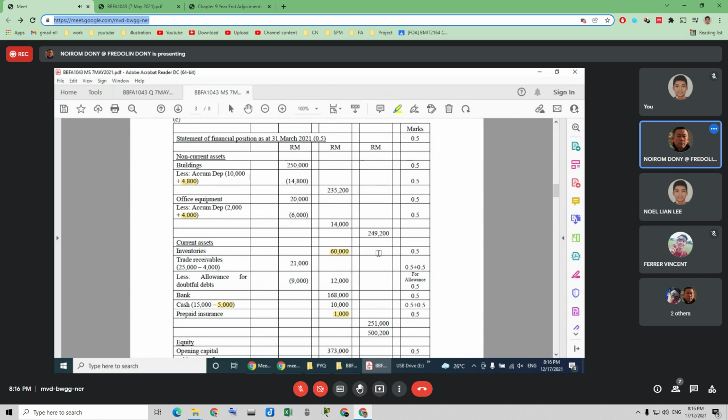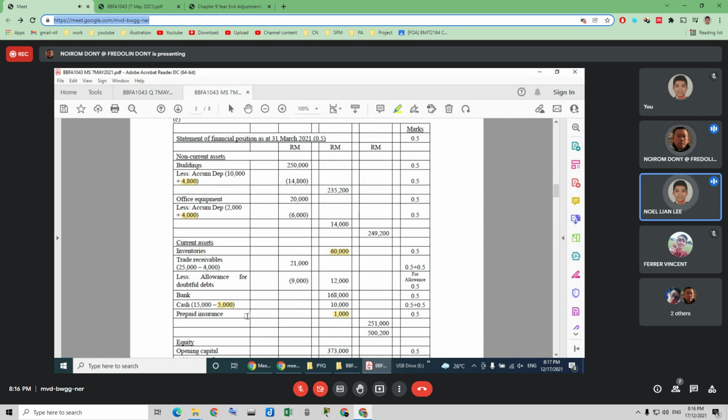Sir, so the title itself got marks also? Of course. Let's say the figure you put there, but your particular, we call it particular. If you put the wrong particular, like this is prepaid insurance, but instead you put here accrued insurance, that is wrong.